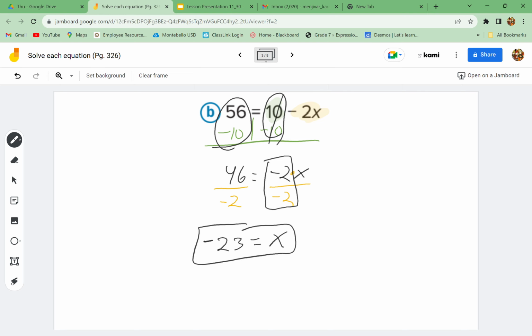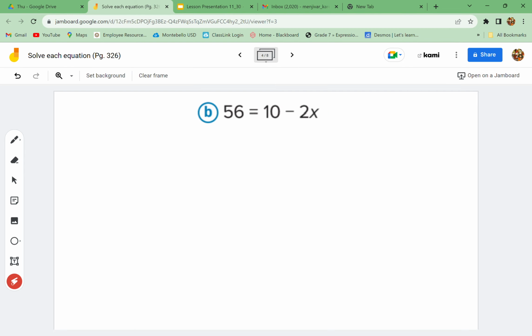But then suppose you want to get rid of this negative 2 first. So we're going to go back here. Again, I highlight my terms. Here's my x term, and here's my term without an x, my constant.